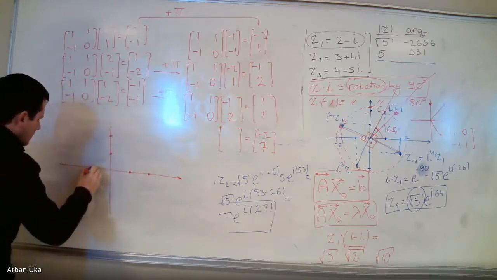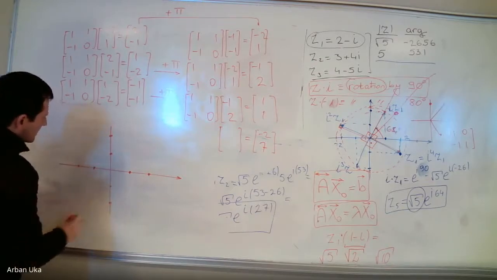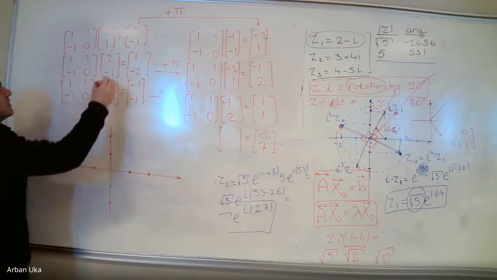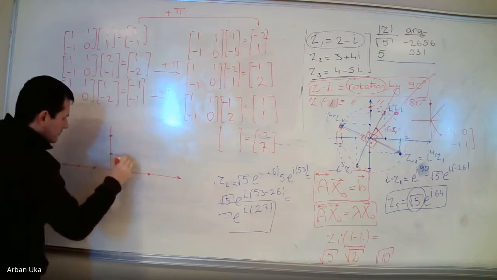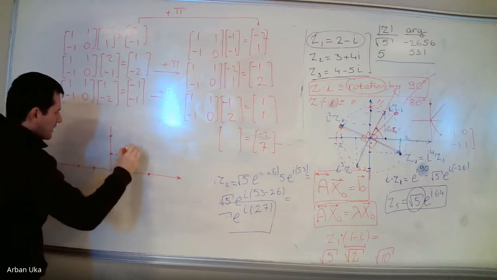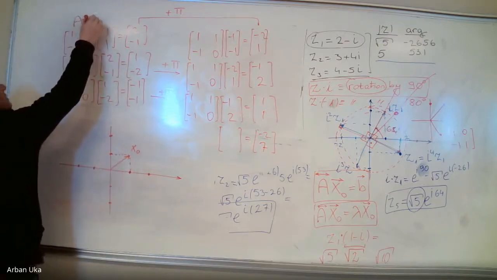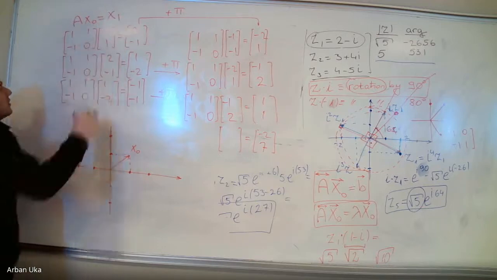Here, this is 1. Fabio, stay attentive. So we started with this vector, let's call this one x0. And we did A times x0. This is equal to x1. Okay?